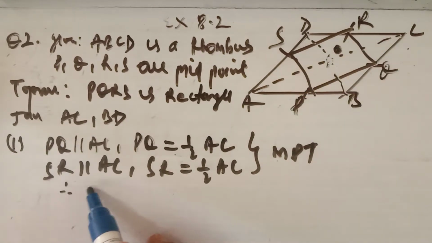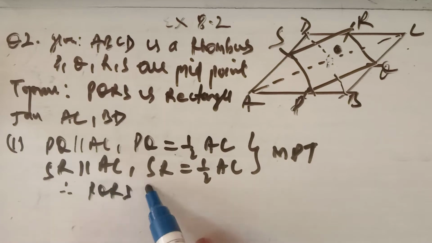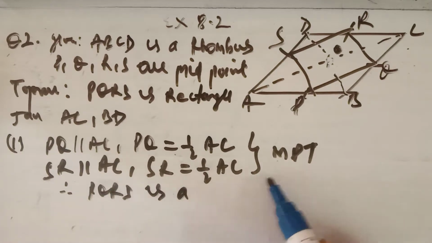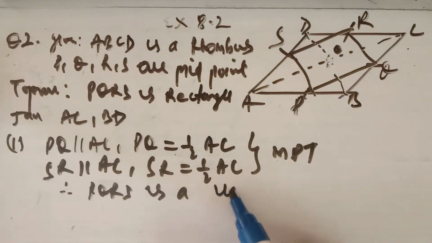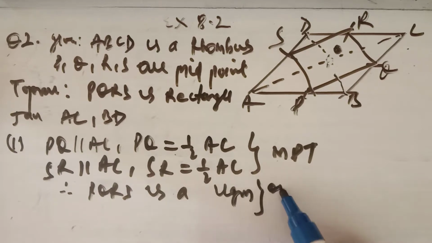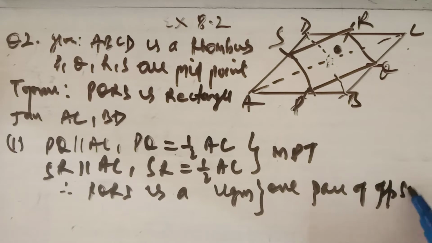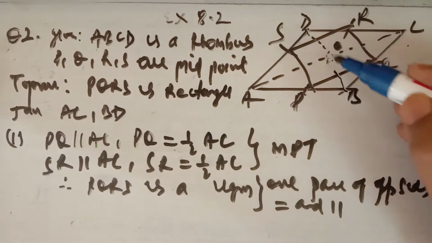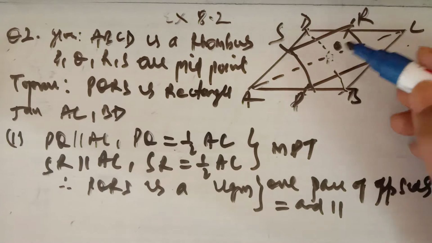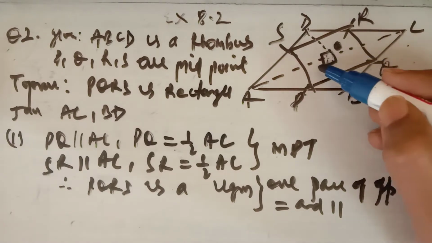Therefore I can say that PQRS is a parallelogram, because a quadrilateral is a parallelogram if one pair of opposite sides is equal and parallel. Now because ABCD is a rhombus, its diagonals are perpendicular to each other.